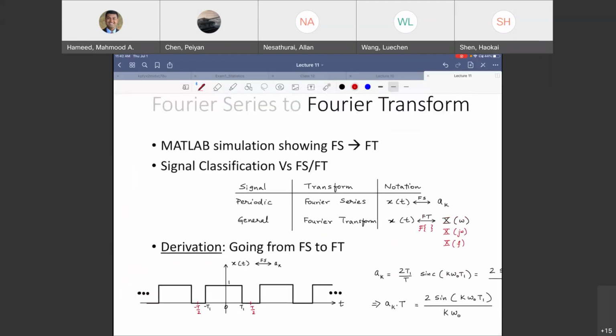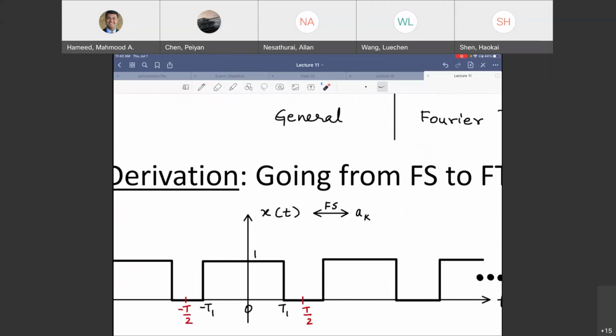Now let's try to derive that for a rectangle. What would be the Fourier series of this guy? Periodic square wave, right? So it would be a sampled sinc, right? Which means if I looked at just one pulse, what would be the Fourier transform of that? A continuous sinc.